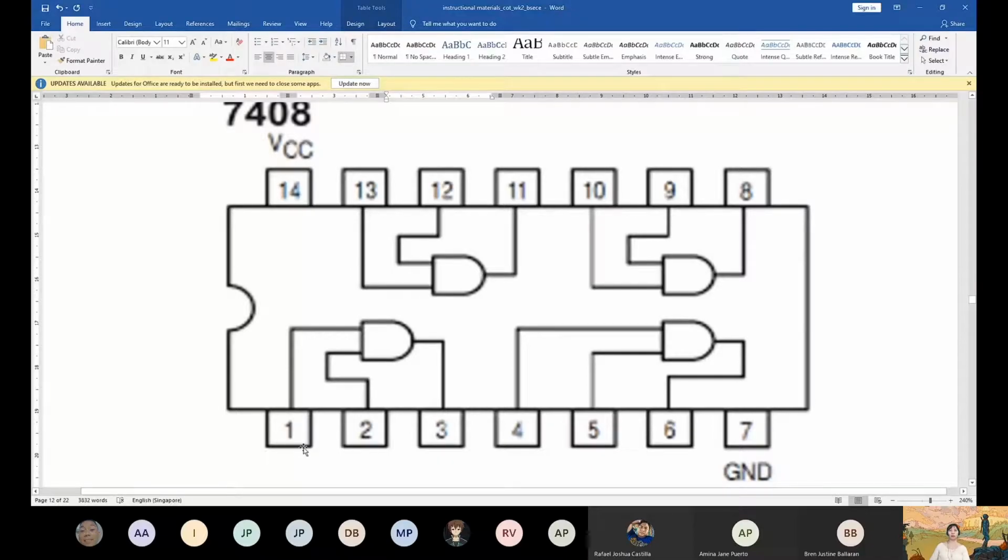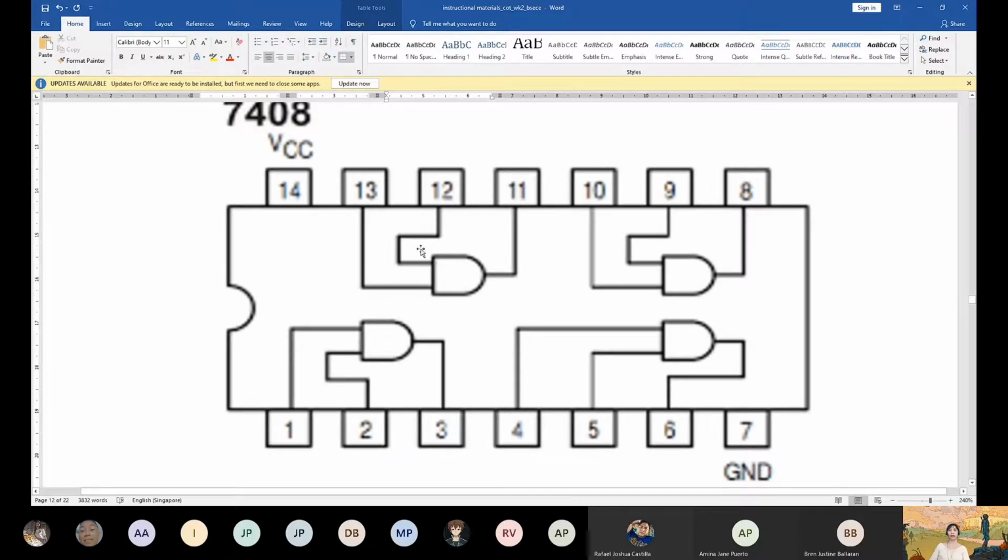If you have the actual IC, you will have a U shape here, then a dot somewhere here, and that dot signifies pin 1. So you have 1, 2, 3, 4, 5, 6, 7, 8, 9, 10, 11, 12, 13, 14, so 14 pins. This IC is called dual inline packaging. Why dual inline? Because you have the pins on both sides.